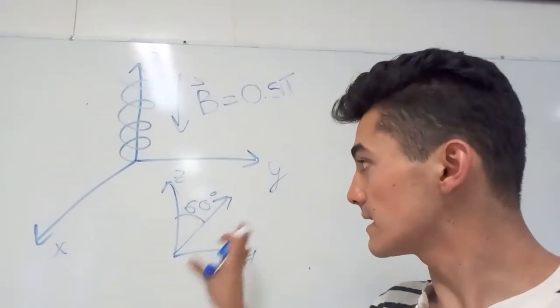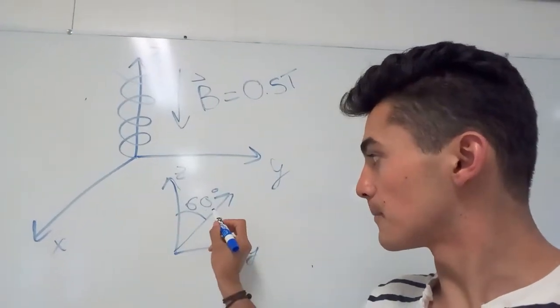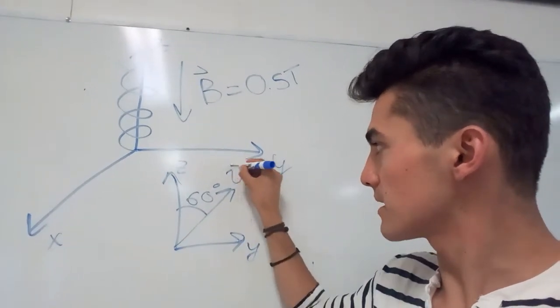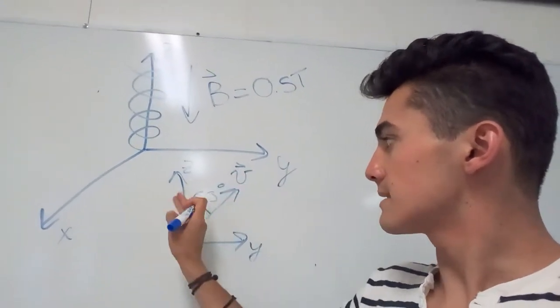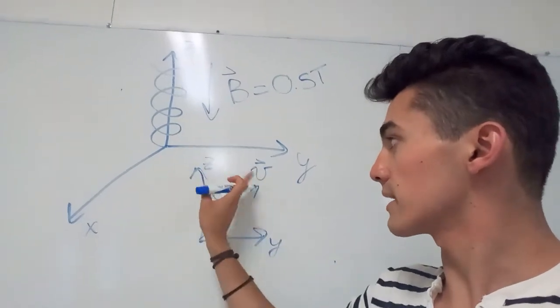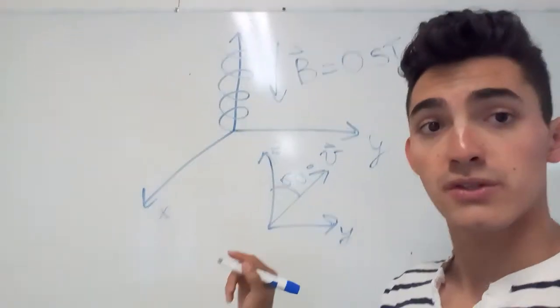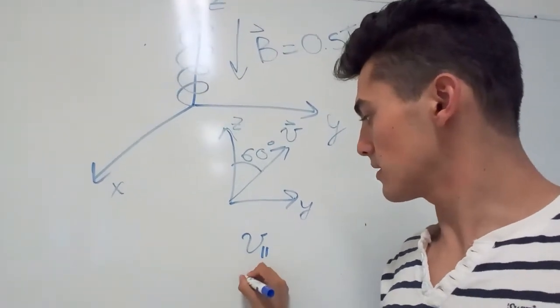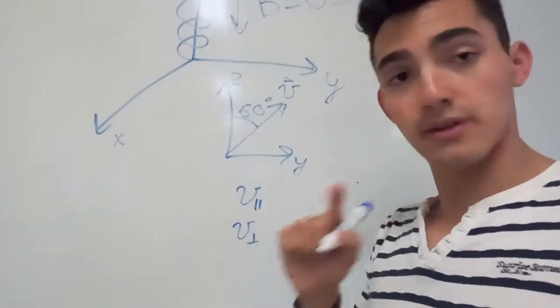So first we notice that here we have our velocity vector that is moving 60 degrees according to the z-axis. So here we will have two types of velocity: the parallel velocity and the perpendicular velocity.